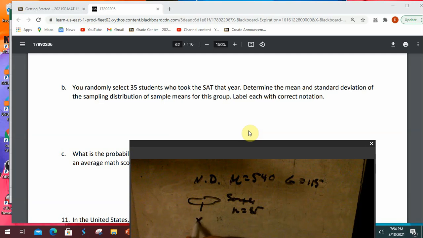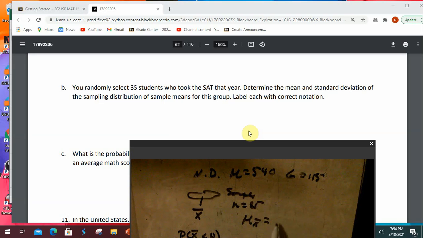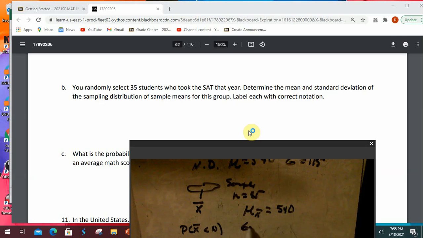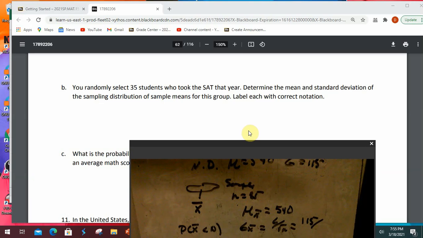I'm going to do the X bar, and I need a mean and a standard deviation to ask questions like, what would be the probability of that sample mean being less than a number? I need the mean of the sample means. Well, I get that from the population. That's 540. The standard deviation that I'm going to use is the sigma over the square root of n, which is just the 115 divided by, my n was 35, square root of 35, okay?